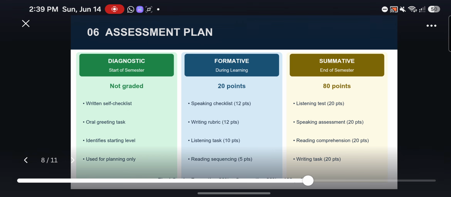So the final grade is 20 points from formative plus 80 points from summative, which equals 100 points. All rubrics are kept simple and practical, easy to use in a real classroom without any special software.